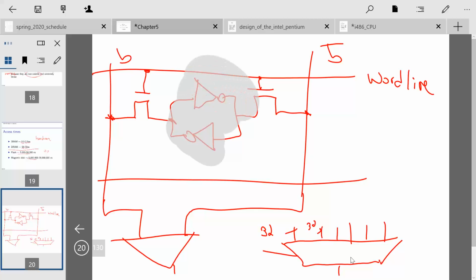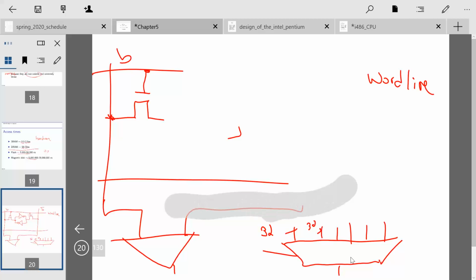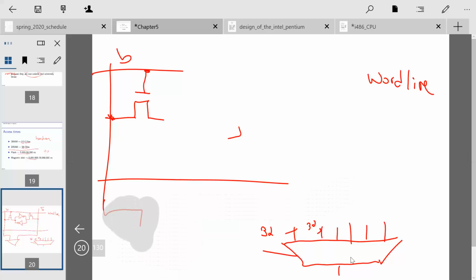a DRAM cell doesn't have the two bit lines. It just has one, and so it doesn't have a differential sense amp. It just has a trench capacitor, like that, and we run it to a single-ended amplifier.